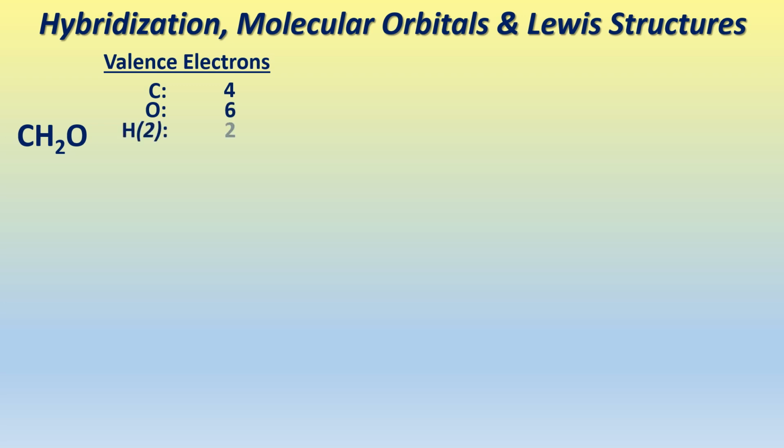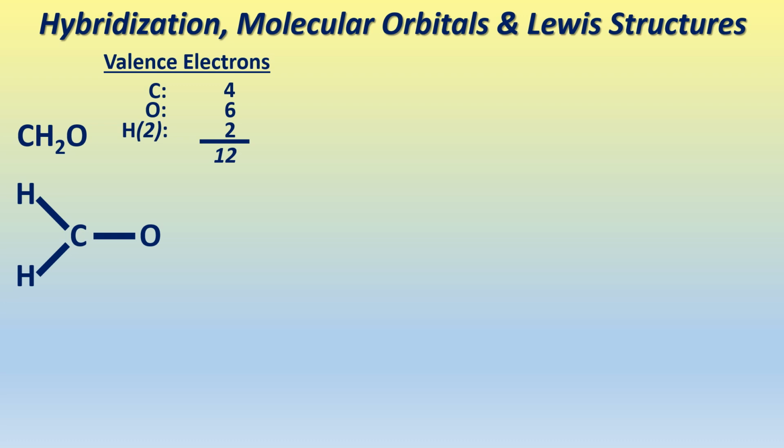Looking at the molecule CH2O. Draw the Lewis structure. Count the valence electrons. Carbon contributes 4, oxygen 6, each hydrogen gives 1, for a total of 12 electrons. For the skeleton, carbon forms the most bonds, and it has 3 things to bond to. So a single bond goes to the oxygen and each of the hydrogens.